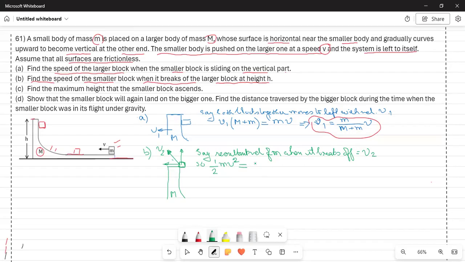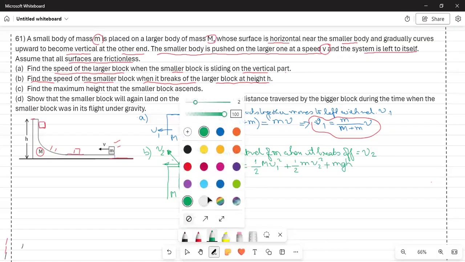One component is half capital M V1 square, the kinetic energy of the larger block, plus half small m V2 square, plus mgh.